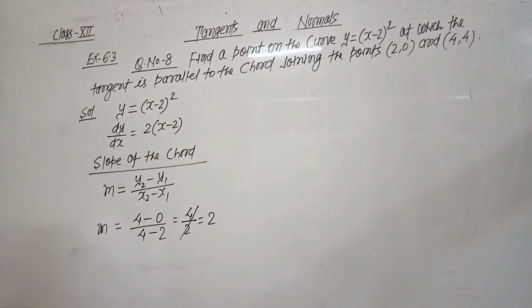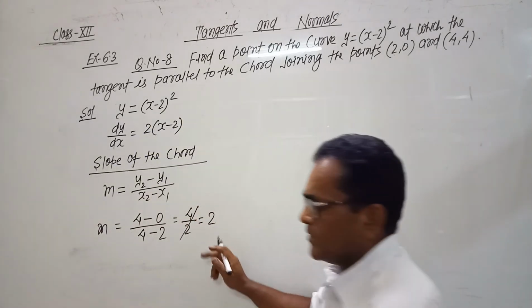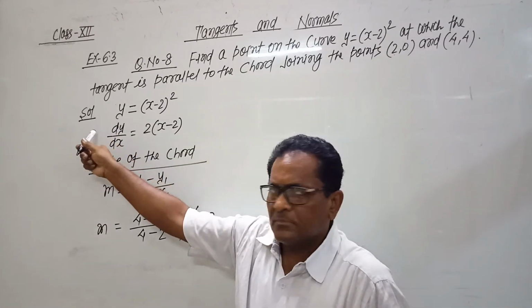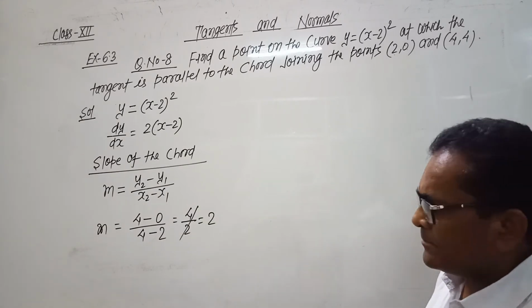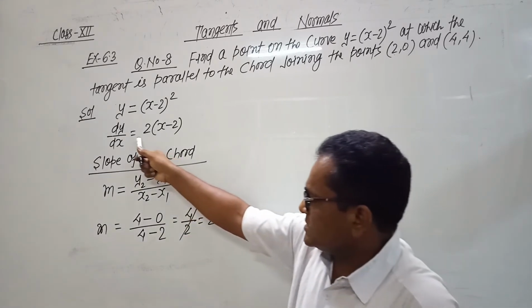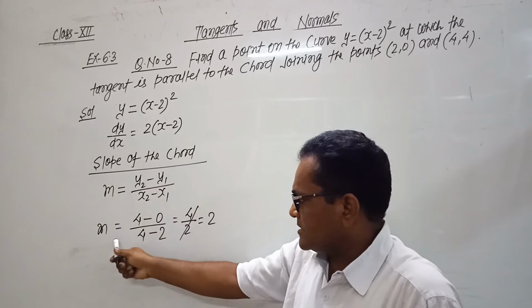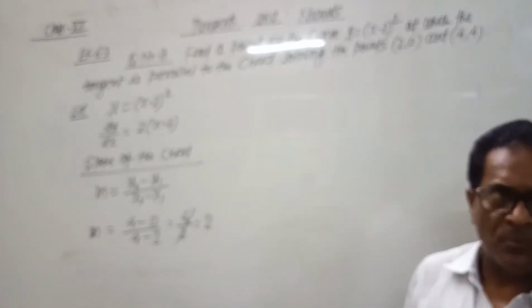And since the tangent to the curve is parallel to the chord, their slopes must be equal. This is the slope of the tangent, dy by dx, and this is the slope of the chord. Both are straight lines and they are parallel to each other.